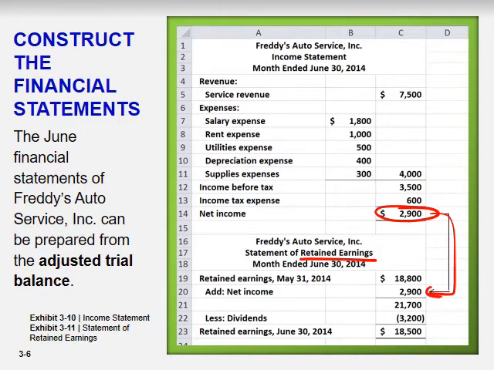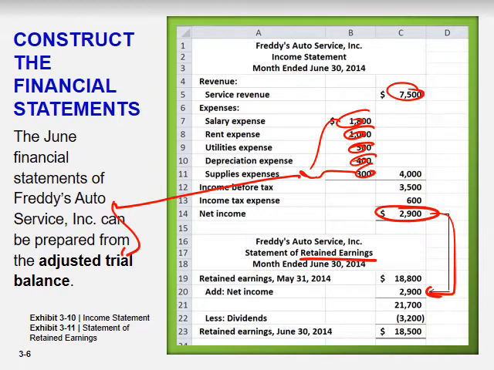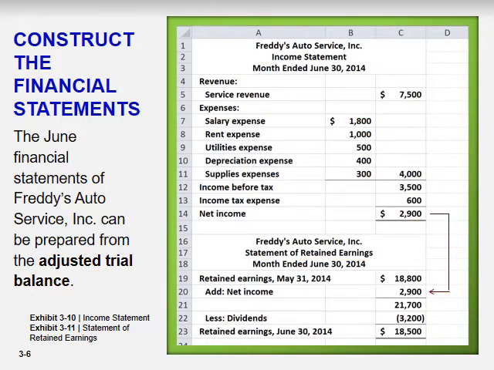So where did this amount come from? It came from the adjusted trial balance, which means you add the adjustments to the accounts, and that value will be recorded here. So I'm just going to remove it and then see that.